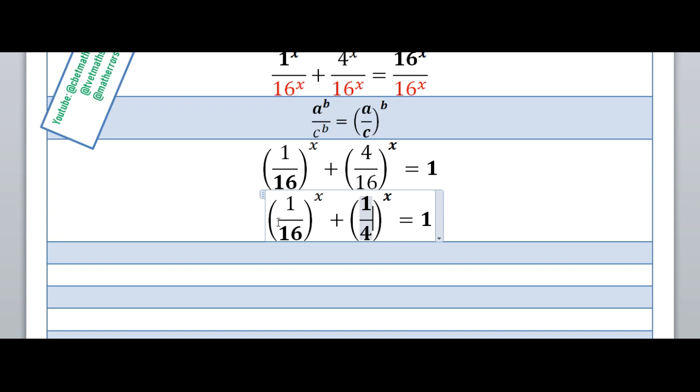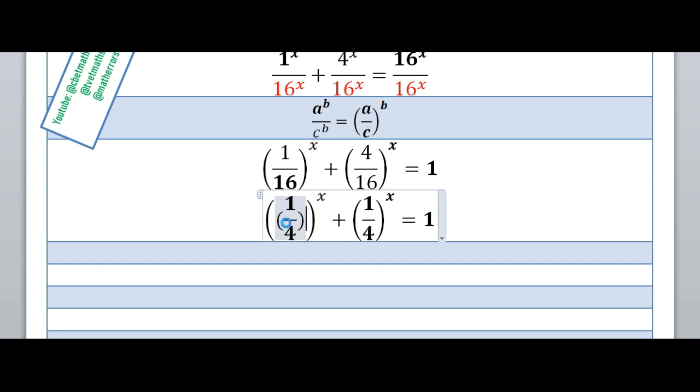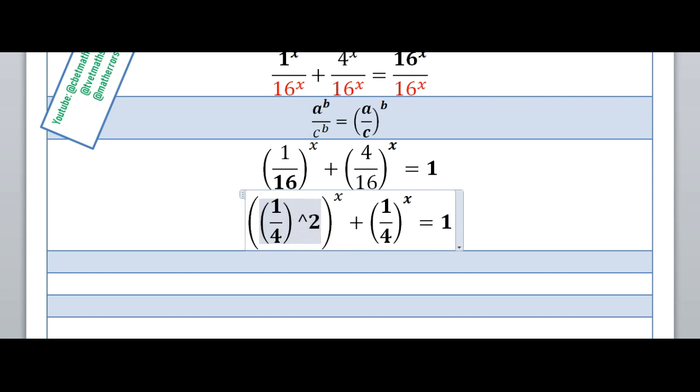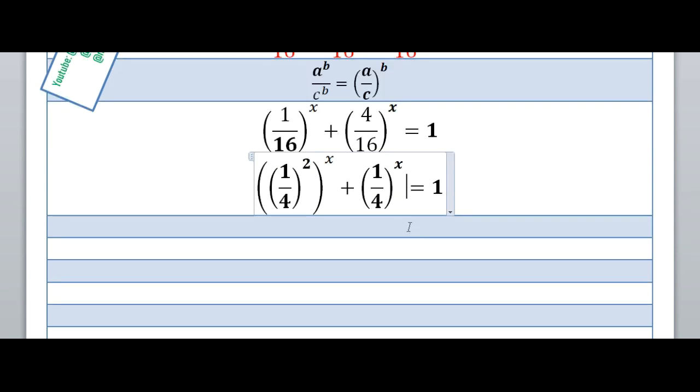Therefore, 1 over 16 will be what? 1 over 16 will be 1 over 4 squared, which will give you 1 over 16.